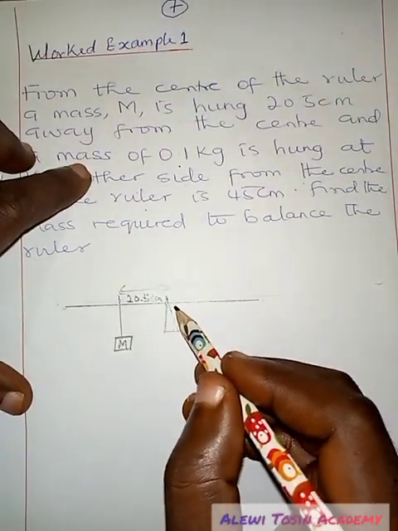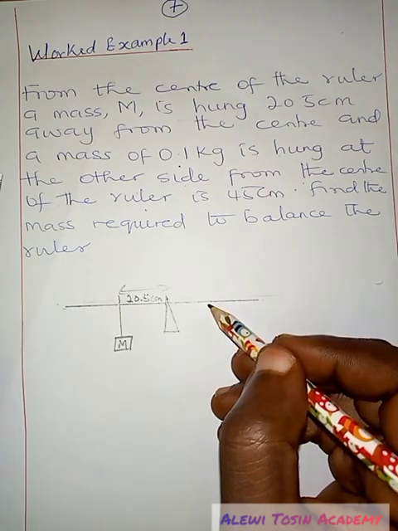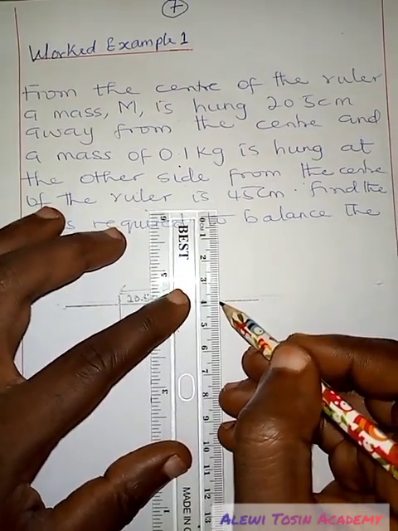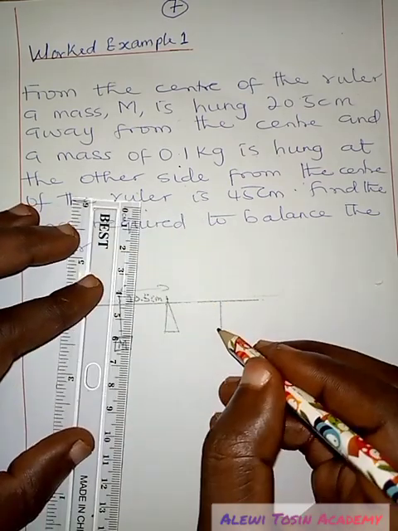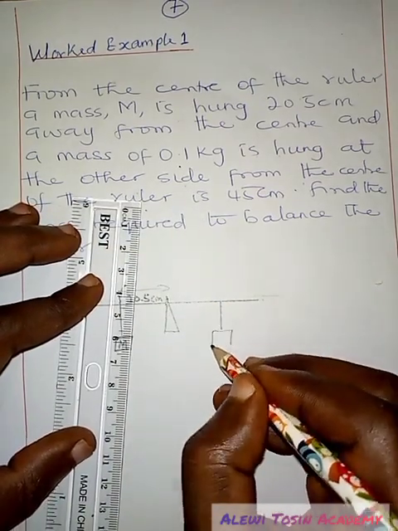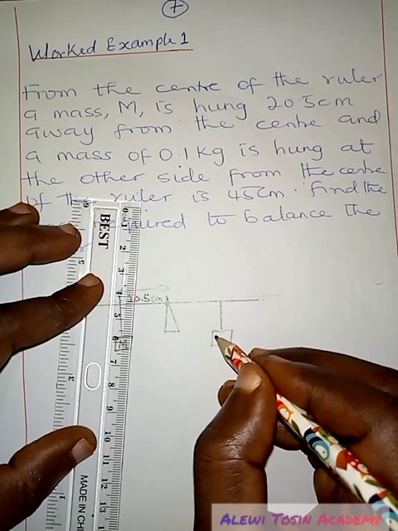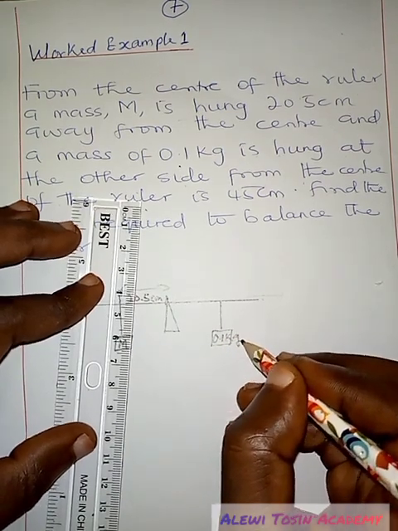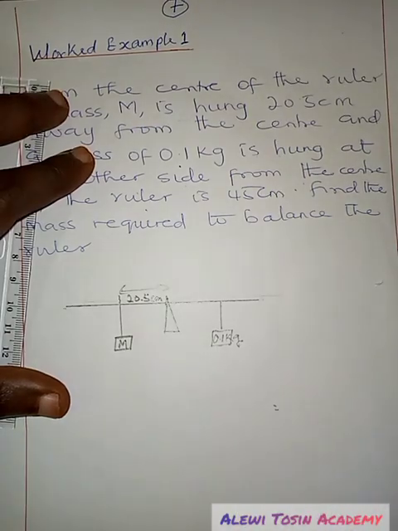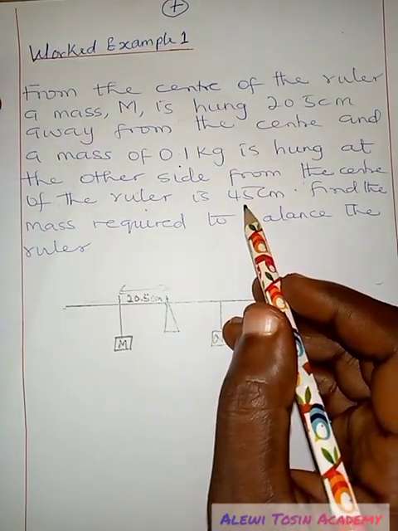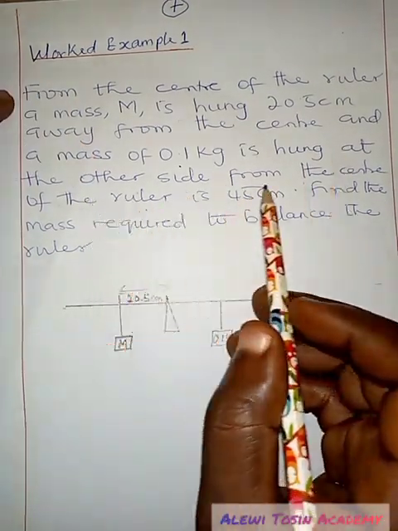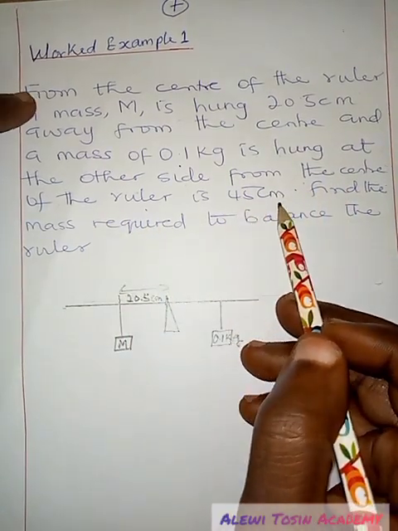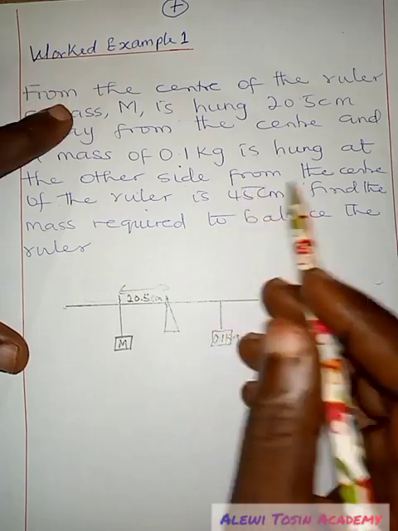Now that means that the other side, they did not tell us the point where it is hung, but they said it is at the other side. So at the other side, we are having a known mass, and the known mass is 0.1 kilogram. Now the question says you are told that it is 45 centimeters from the center of the ruler.